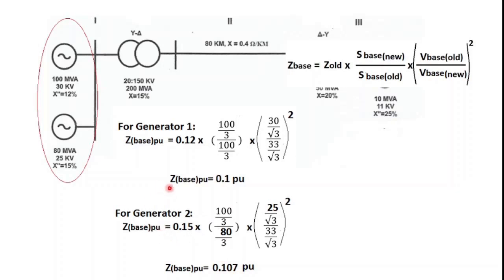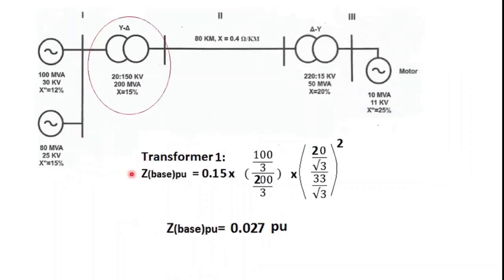See, we already got the 2 per unit impedances for the generators. Now let's move on to the transformer side, like this one. How do we do that?